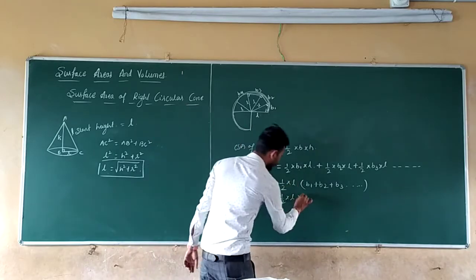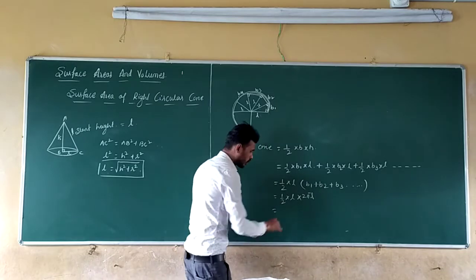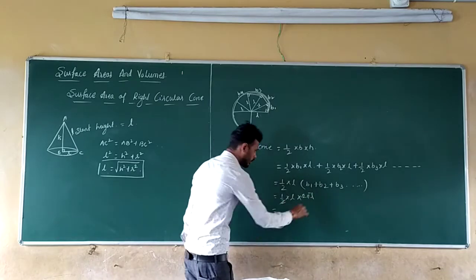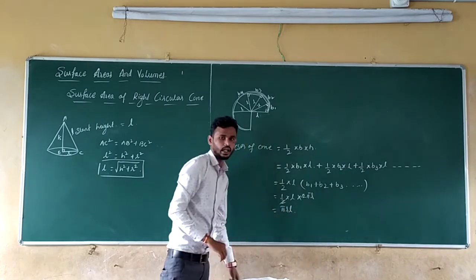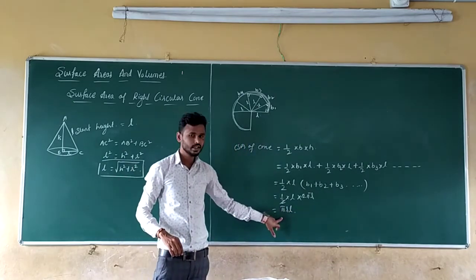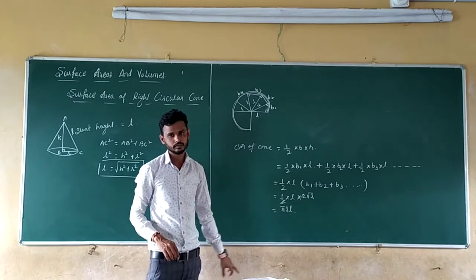That is 2 pi r. The 2 and the half get cancelled, so pi r into L means pi r L. So this is the CSA of the cone: pi r L.